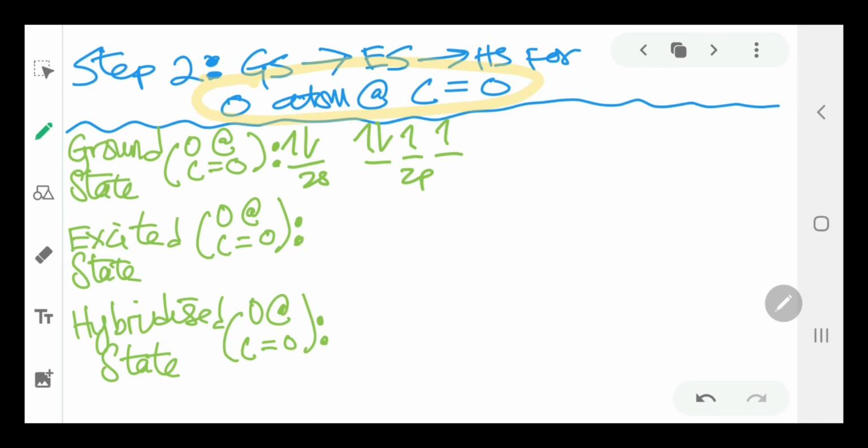From the analysis, we have identified that it needs one unhybridized 2p orbital in order to form the pi bond.